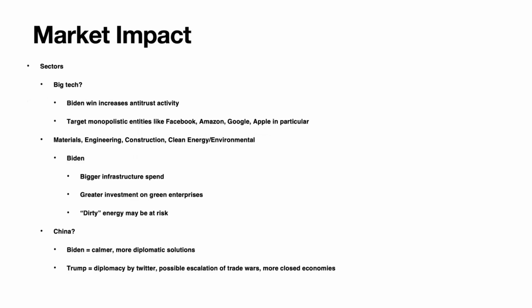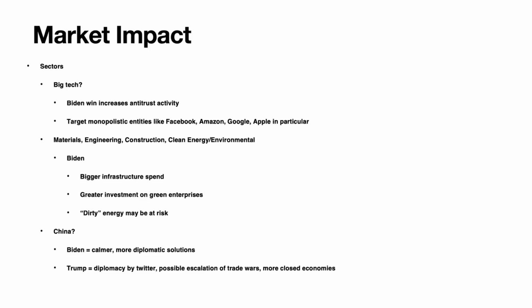But if Biden should win, and as Victor suggested, there are caveats there in terms of them winning control of both houses, so largely expected to win control of the House, but the Senate is expected to be contested. But we would expect to see risks increasing on the antitrust side of things. So this is where regulators are looking to break up what they perceive as monopolies.